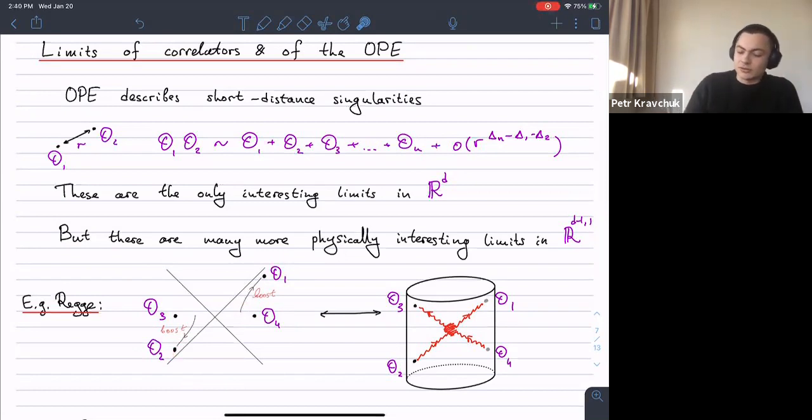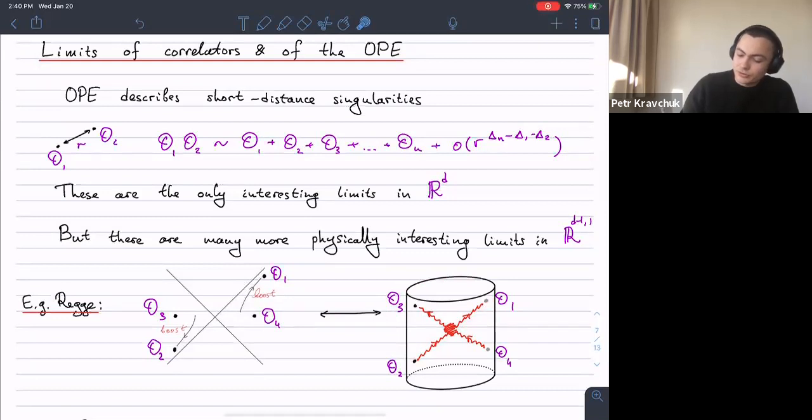And in the picture, you can make a conformal transformation to the Lorentzian cylinder, and in AdS/CFT style correspondence, this limit corresponds to high energy scattering in the bulk.